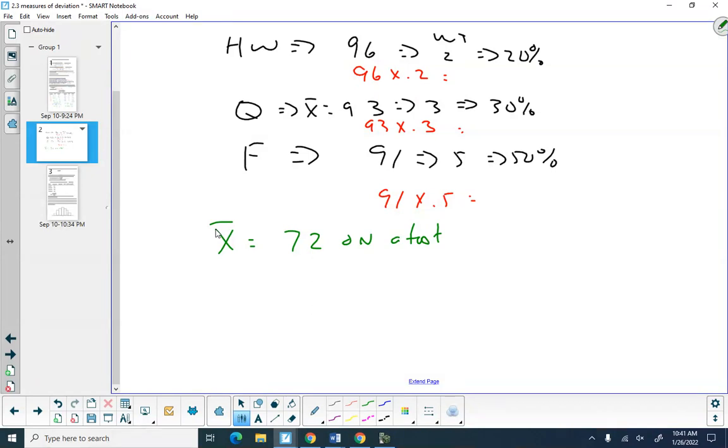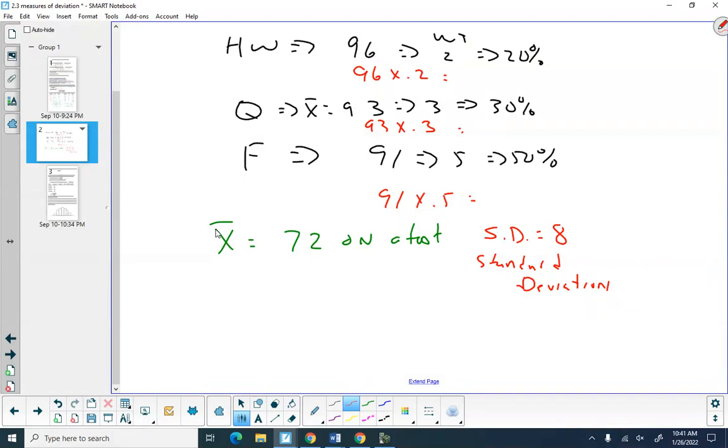That was the mean score. The standard deviation was equal to a value of 8.